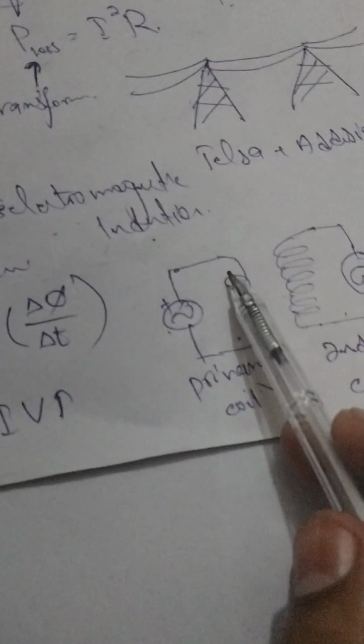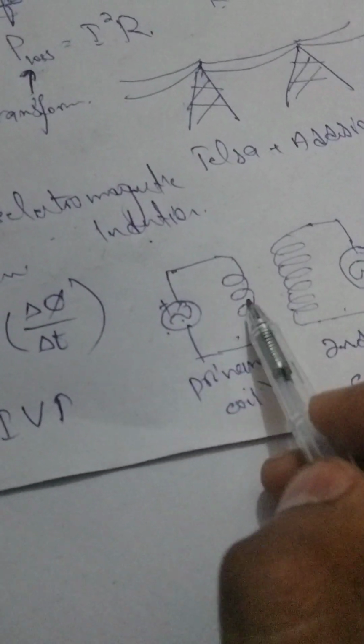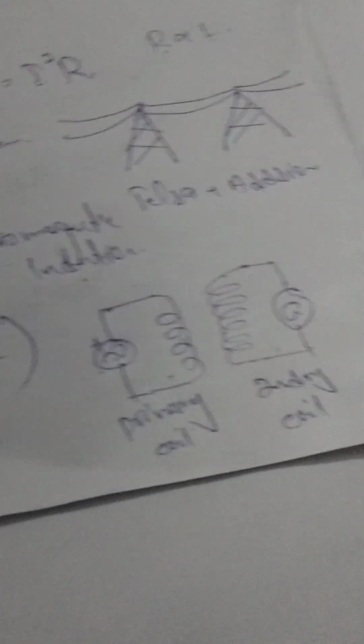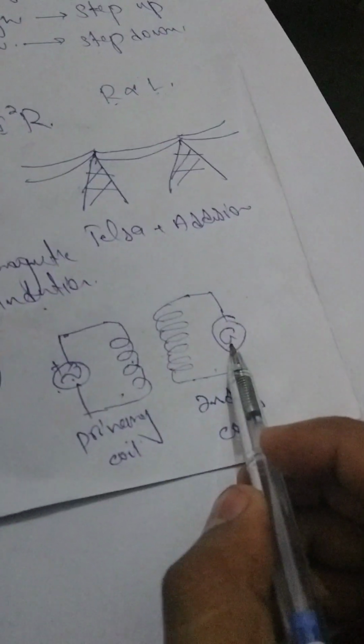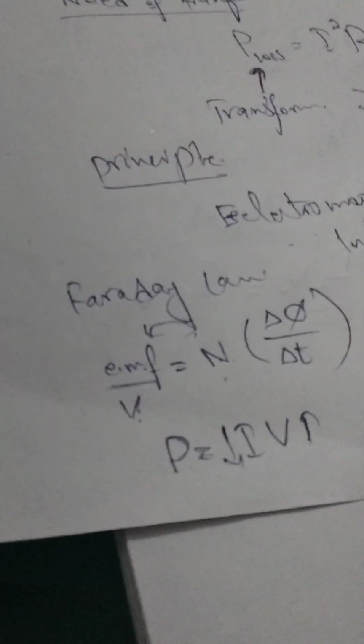And if we create an induction pattern or induction cell, then we can see that this fluctuation in the primary coil will induce voltage in the secondary coil, and we will get our galvanometer deflected. So we have to compensate one factor.